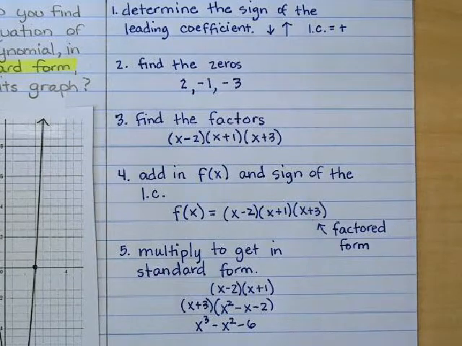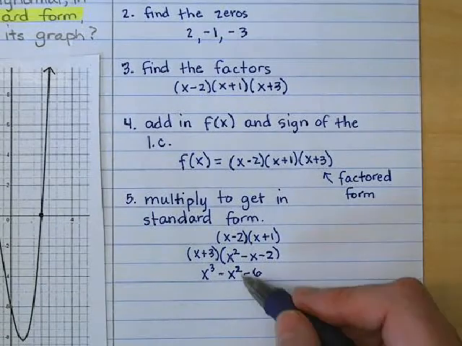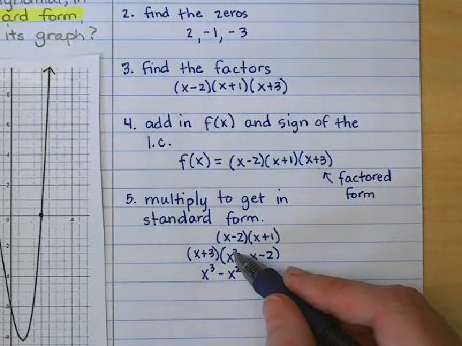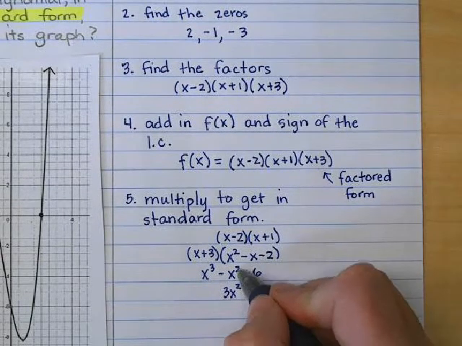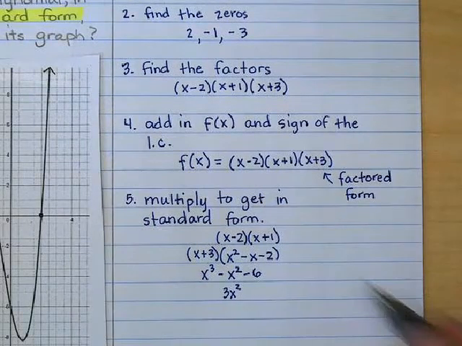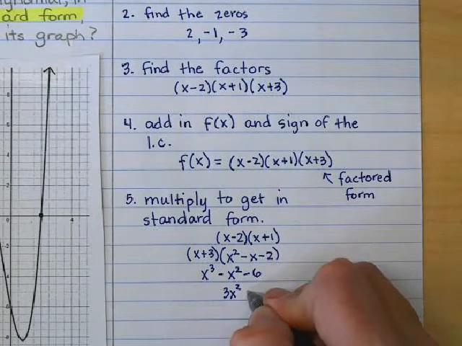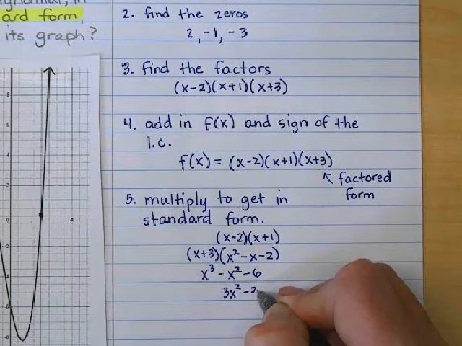I'm going to line up my like terms as I go. 3 times x squared is a positive 3x squared, and I'm putting it right under the other x squared. 3 times negative x is negative 3x.